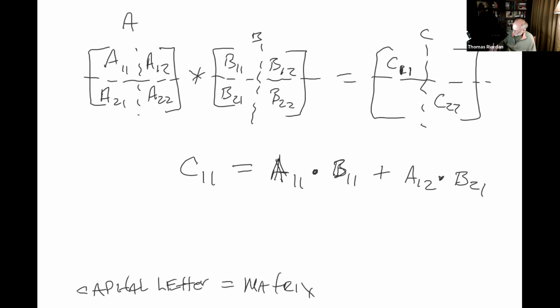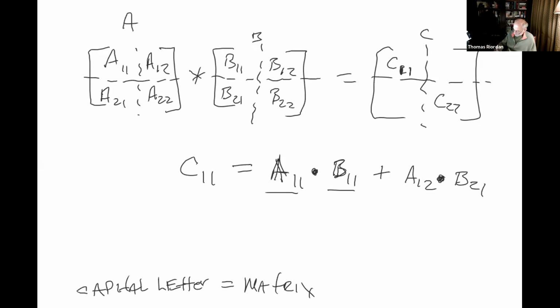So these multiplications here are matrix multiplications, right? When we say A11 times B11, that in and of itself is a matrix multiply, just like the earlier matrix multiply we talked about.